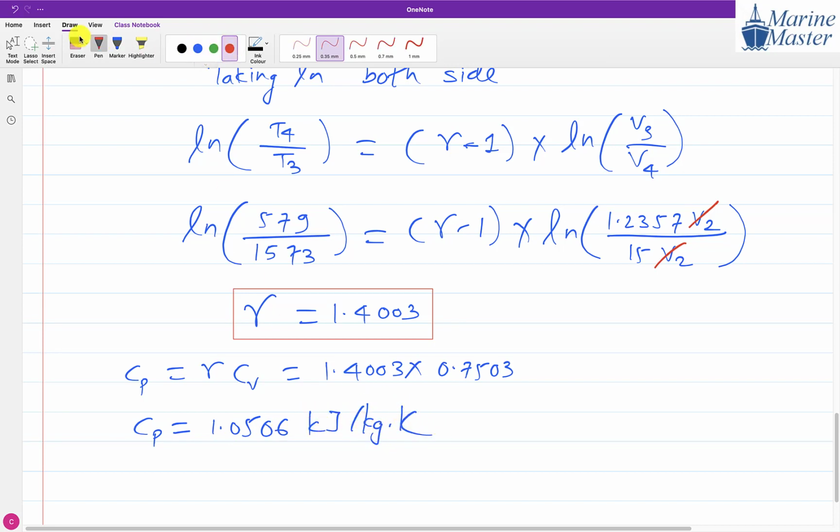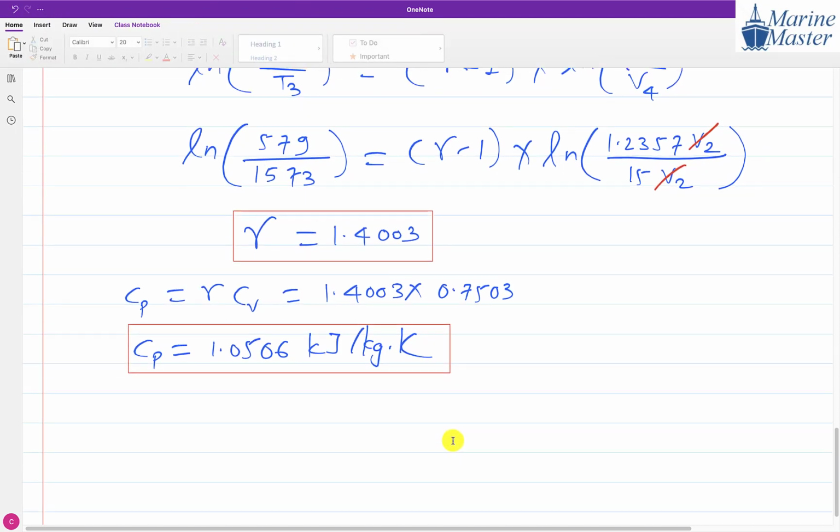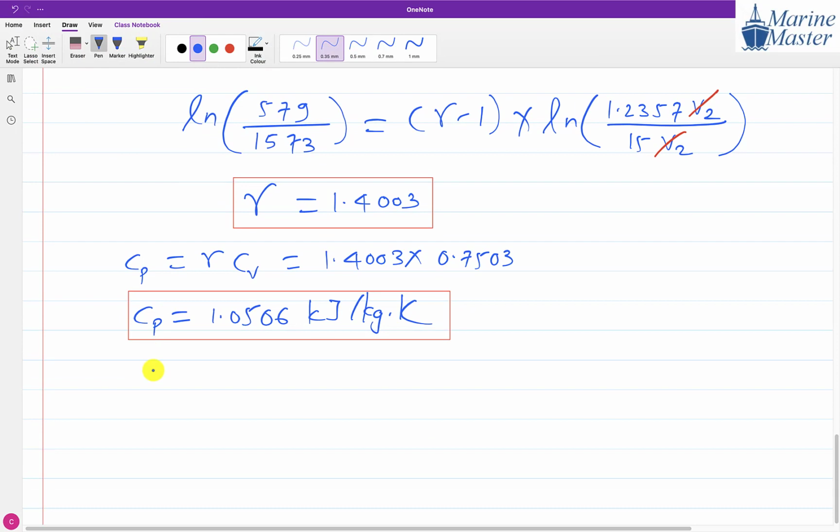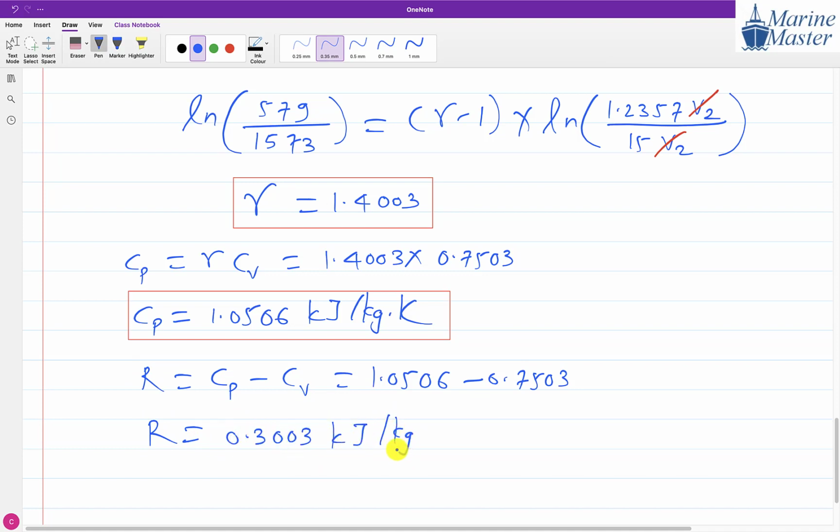In this way we got the values of Cp, Cv and gamma, and then the extra part that we added, R. R will become Cp minus Cv. So it will become 1.0506 minus 0.7503. Please do the calculation and tell me the value of R. It will become 0.3003 kilojoule per kg Kelvin.